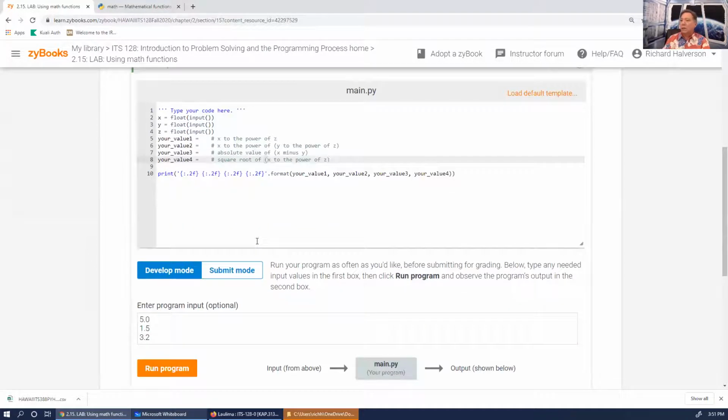All right, so I'm just going to do the last one. You're going to do these ones yourself, and I'm going to do the last one. So I'm going to use the square root and power.